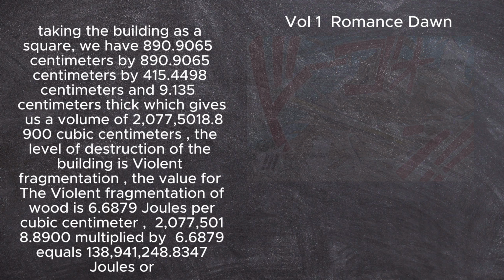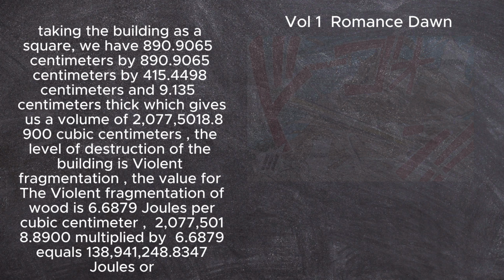Taking the building as a square, we have 890.9065 centimeters by 890.9065 centimeters by 415.4498 centimeters, and 9.135 centimeters thick, which gives us a volume of 20,775,018.8900 cubic centimeters. The level of destruction of the building is violent fragmentation.